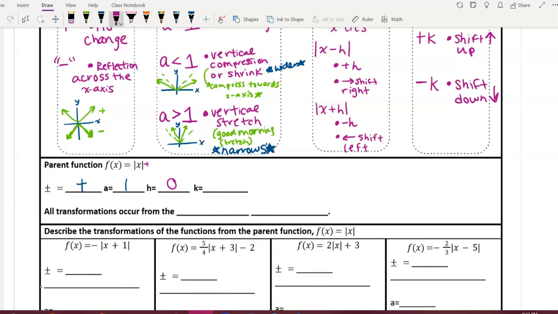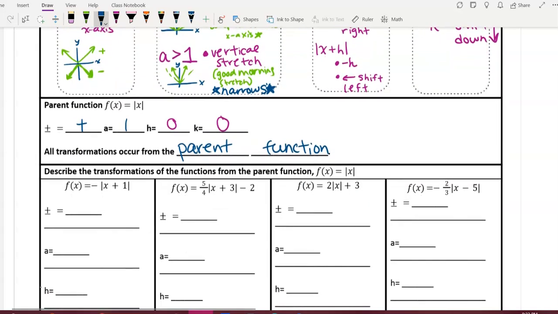And since there's no k being added or subtracted to the back, again, it is 0. So in this next box, we're going to say all transformations occur from the parent function. Okay.